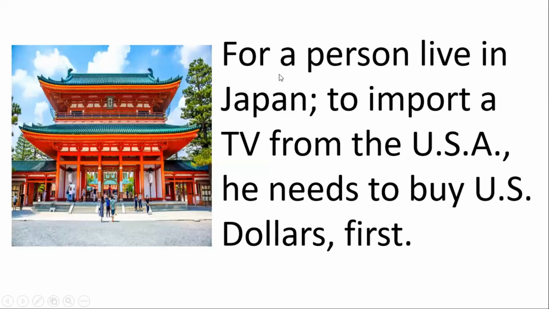For a person living in Japan to import a TV from the US, he needs to buy US dollars first. It stands to reason.